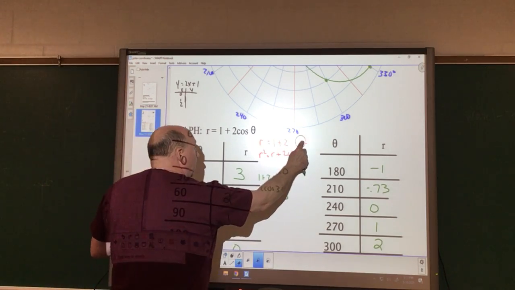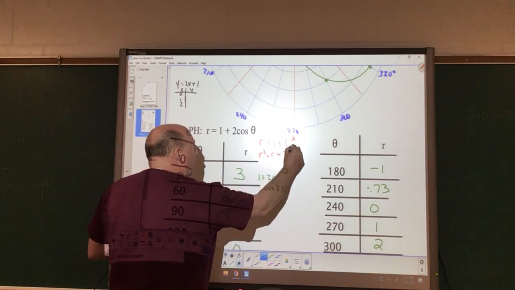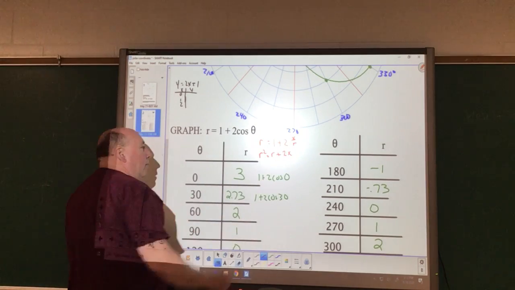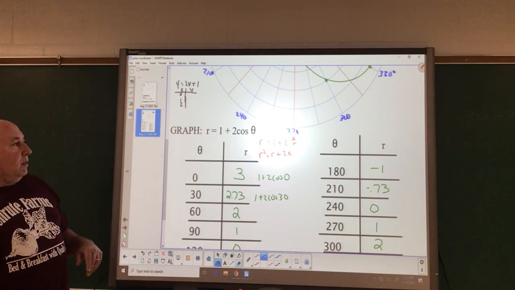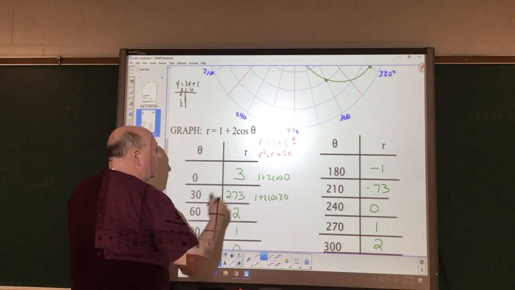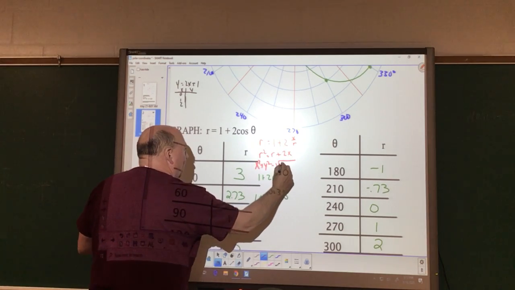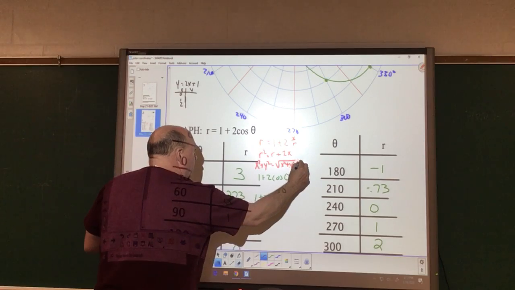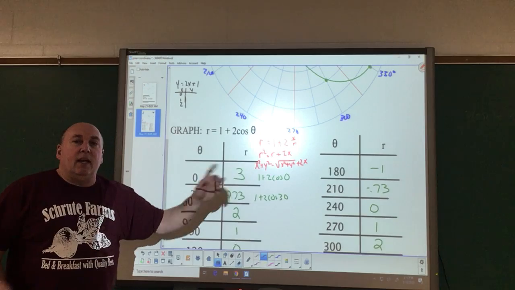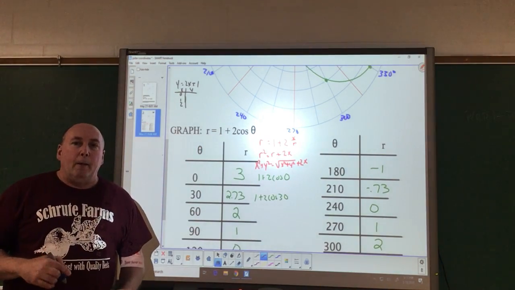It should be just cosine theta, which is x over r. I multiply through, so I have r squared is equal to r plus 2x. If I simplify this, this comes out to x squared plus y squared is equal to the square root of x squared plus y squared plus 2x. So that's the equation in the xy coordinate system for 1 plus 2 cosine theta.